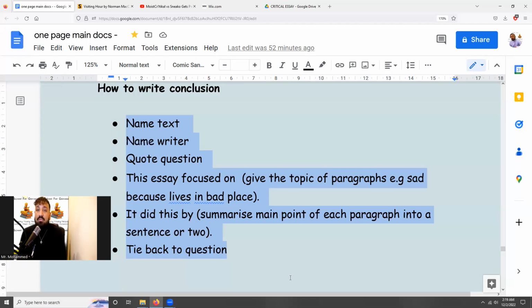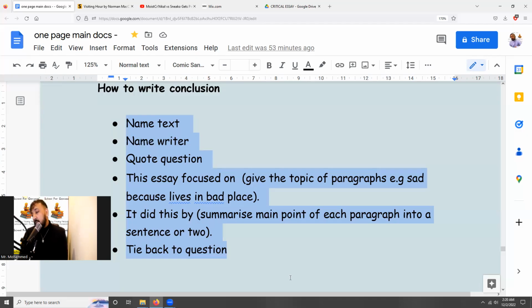I should be able to read your conclusion and have a good picture of the main points you've made, your position, and a general idea of your analysis of the text in response to the question. Your conclusion should be such that someone could flick to the end of your essay, read the conclusion, and have a good idea about what your essay is talking about. So that's something to keep in mind as we go ahead and do our conclusions.